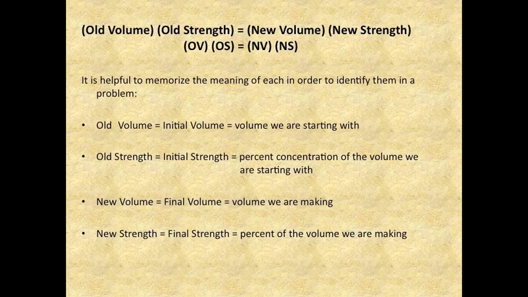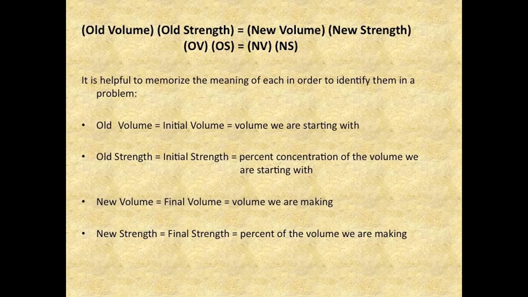It would be helpful to memorize the meaning of each of the following terms in order to identify them in a problem so that you can plug them into your formula. So the old volume is initial volume, which is equal to the volume we are starting with.